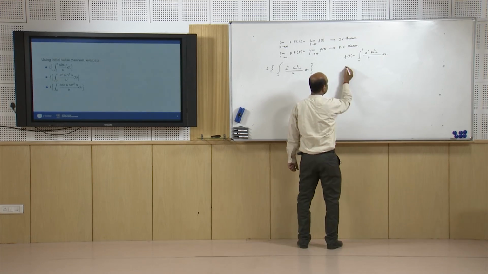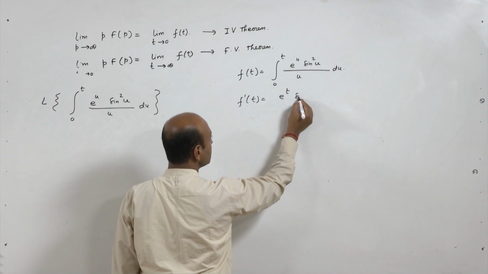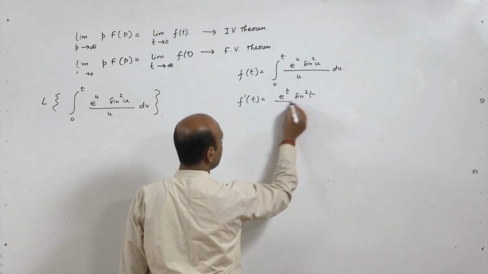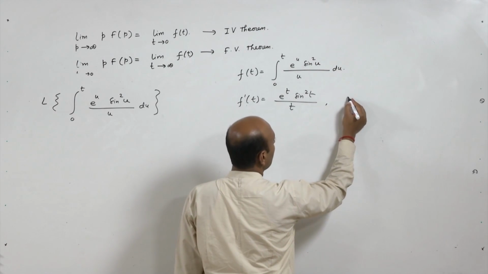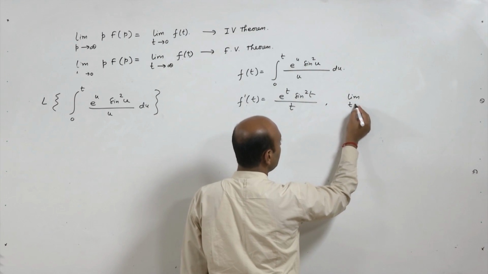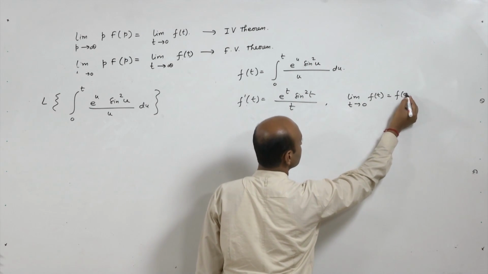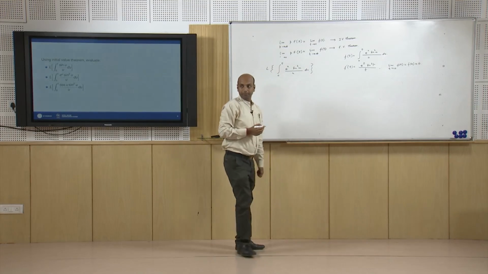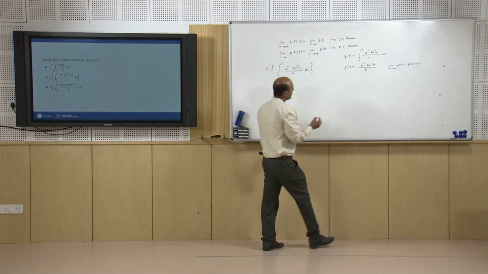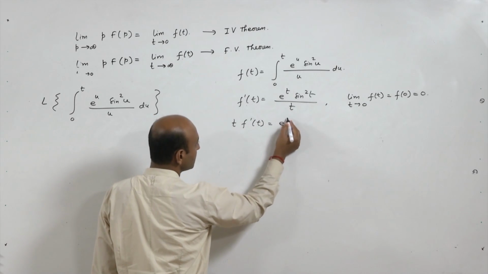So, what is f dash t? It is e to the power t sin square t by t, by Leibniz theorem, and of course limit t tends to 0 f(t), or what we are calling f(0), is nothing but 0. So take t to the left hand side, and it is this expression.